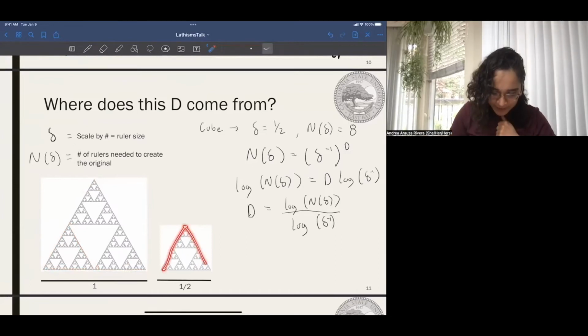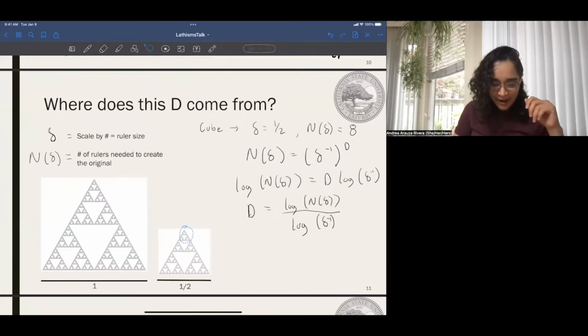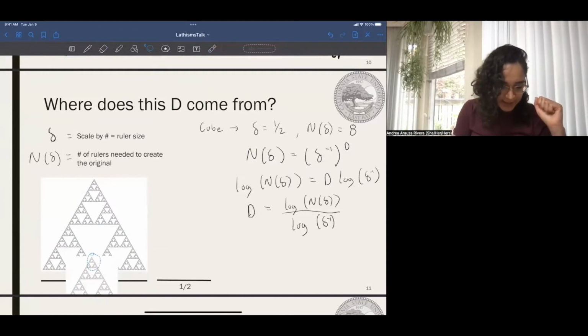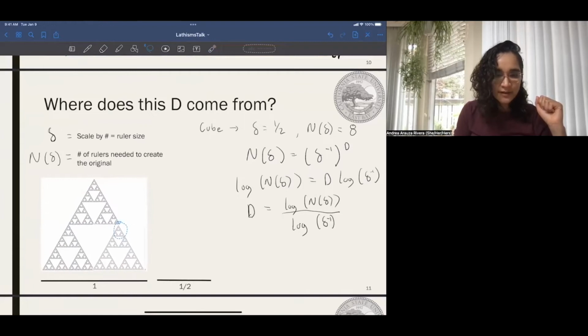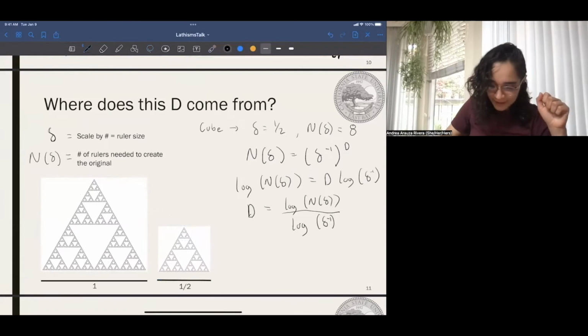So we get a copy that sort of looks like this. And if I think about with this 1/2 scaled copy, how many of these copies do I need to create the original? I can see I need 1 to fill in this part, another copy to fill in this part, and another copy to fill in this part, right? So I need 3 copies of this 1/2 scaled version, okay?